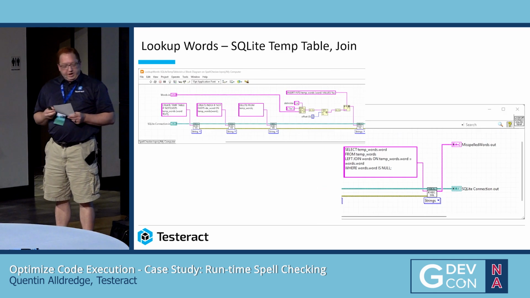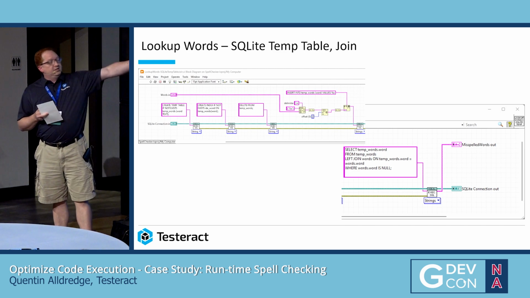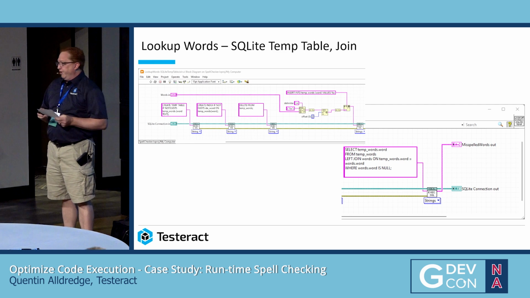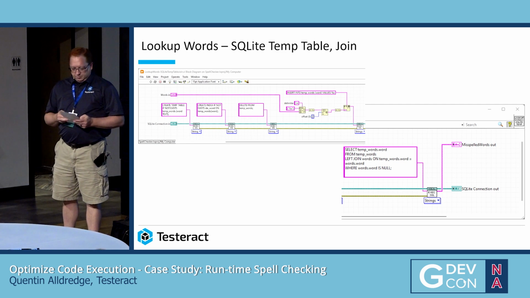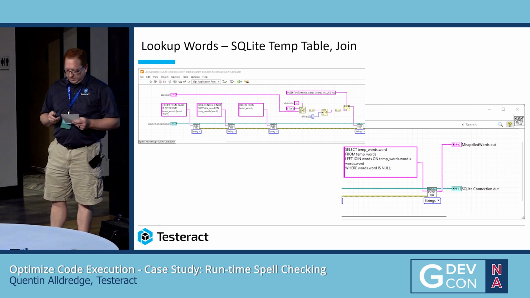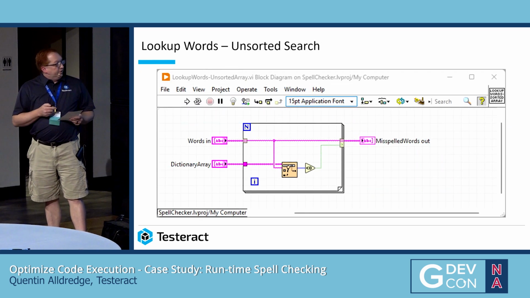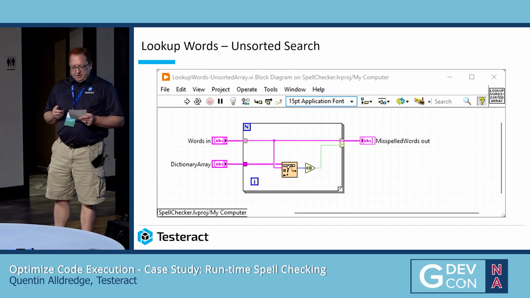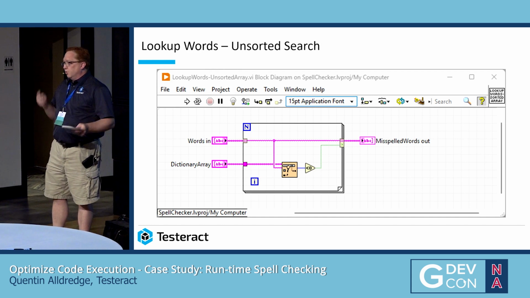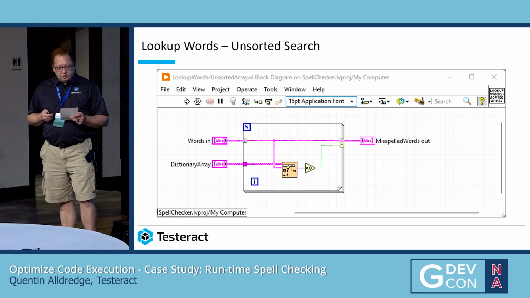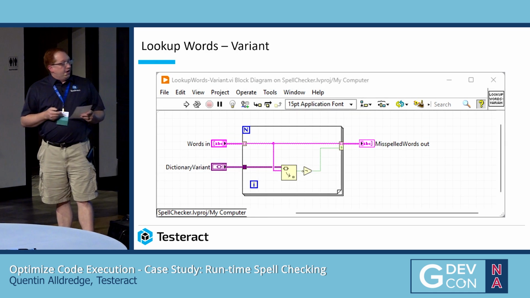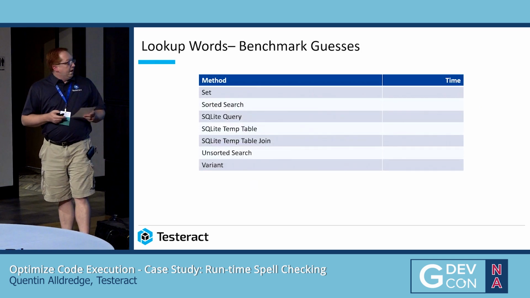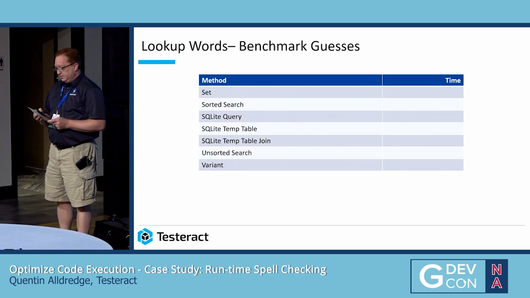It's doing a temporary table, but instead of doing a nested query, it's doing a left join there to determine if the word is in the dictionary or not. And then we have the regular search. Basically, assuming it was unsorted, the unsorted search, and the variant lookup. So go ahead and rank yours 1 through 7 on that one.